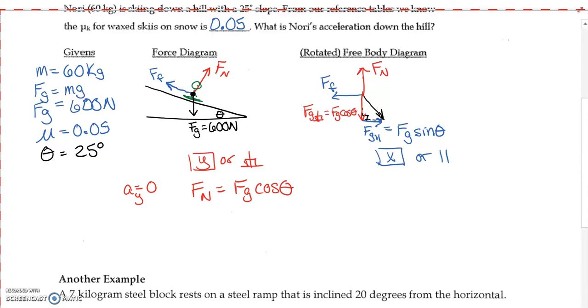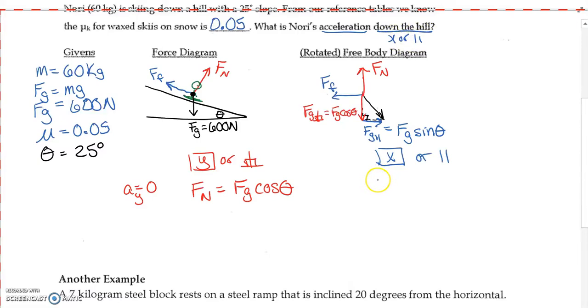Well, that's nice because we're probably going to need Fn, because if we look at the x direction, we want to find Norrie's acceleration down the hill. So that's in this x direction, or the parallel direction.